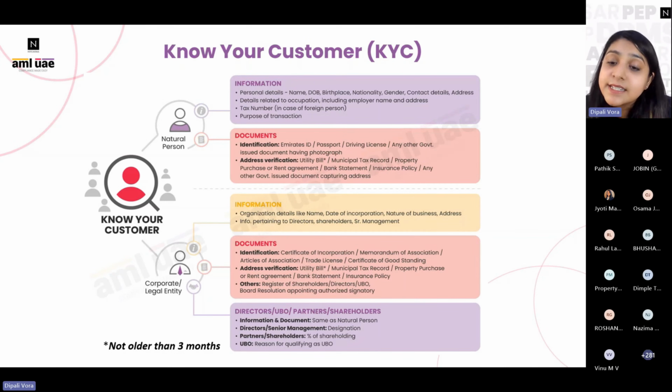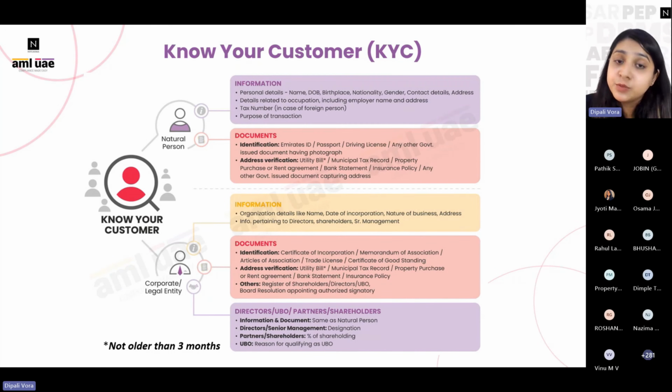Certificate of good standing signifies that that particular company is not dormant. That company is active, they are doing business, and proper returns are filed with the registrar. So certificate of good standing is a good-to-have document, not mandatory. Mandatory documents include MOA, AOA, and trade license or certificate of incorporation.